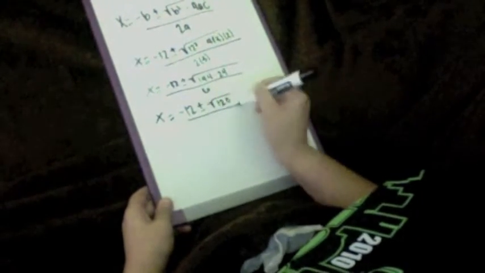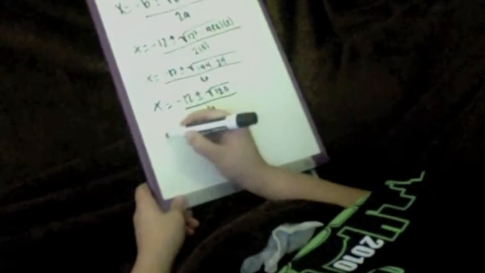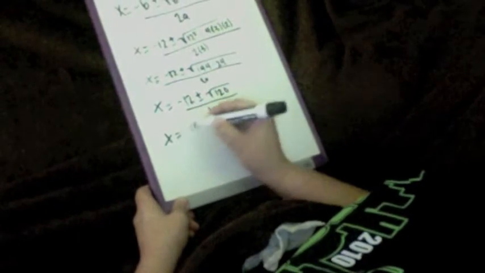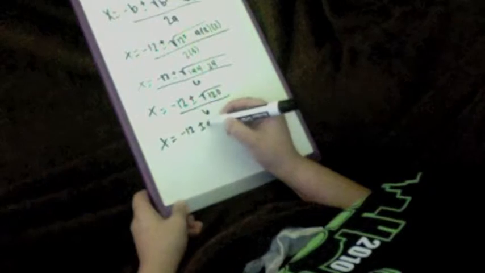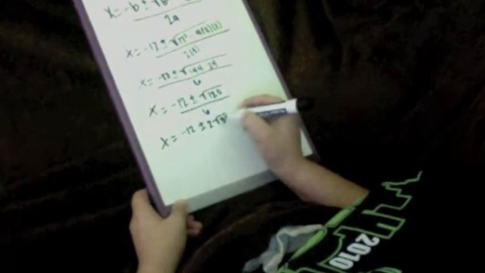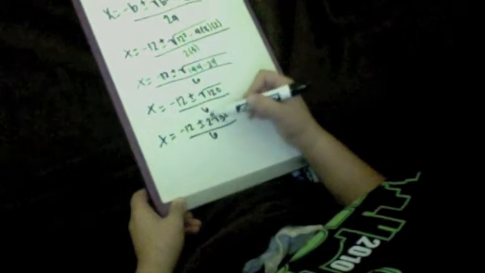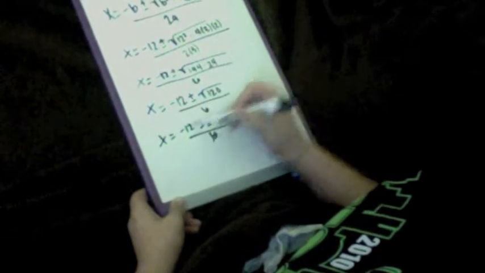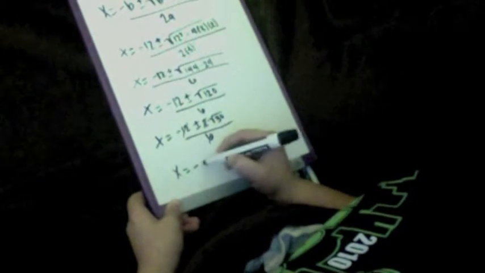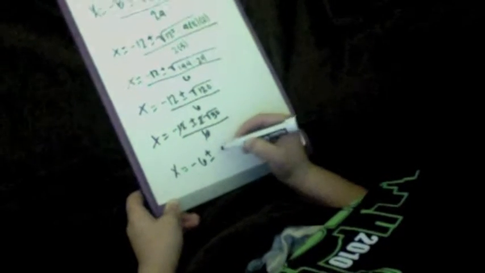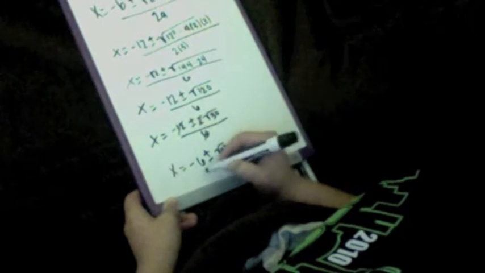You can reduce the square root of 120, so x equals negative 12 plus or minus 2 square roots of 30 over 6. 2 will go into all of your coefficients, not counting the square root of 30, so you can still reduce. So x equals negative 6 plus or minus the square root of 30 all over 3. That's your answer.